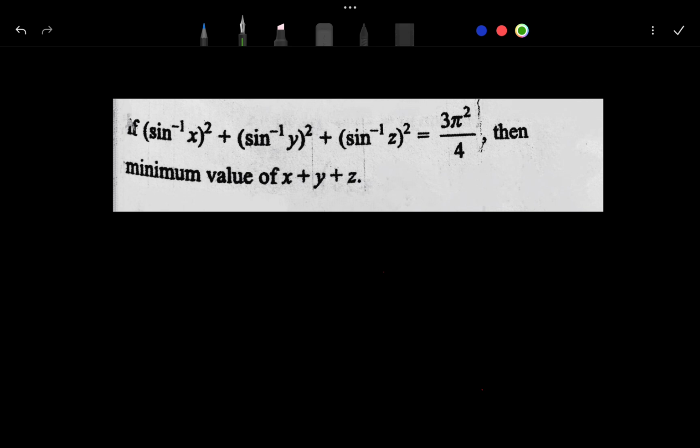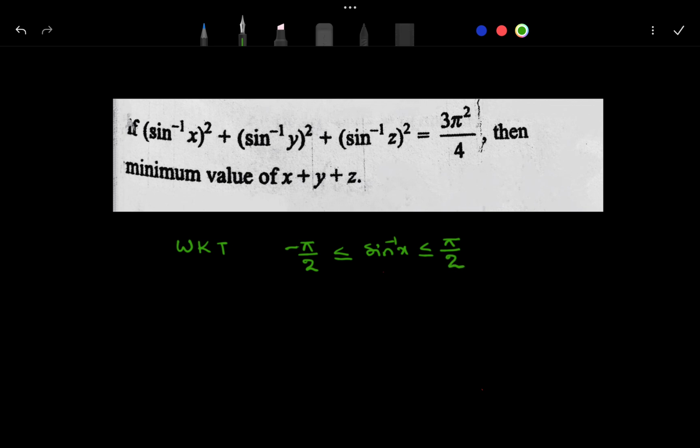We know that the sine inverse of x value lies between minus pi by 2 to plus pi by 2. Okay, I think everybody knows this is fundamental.